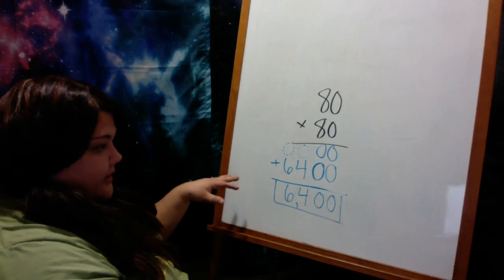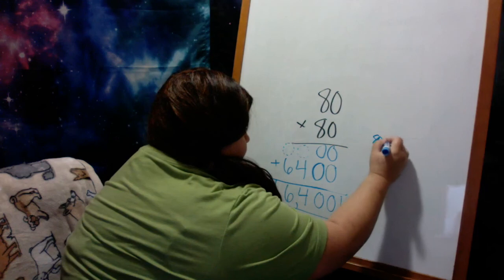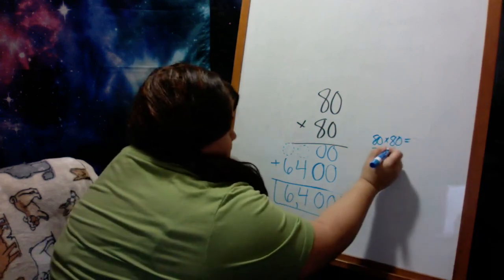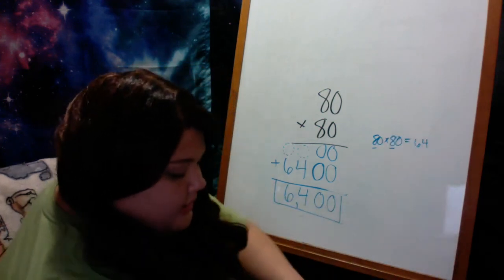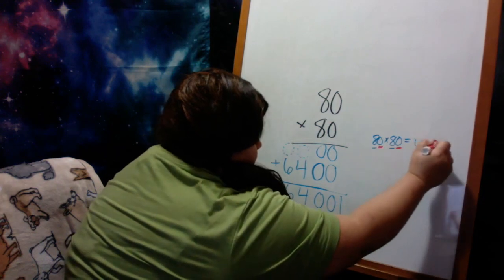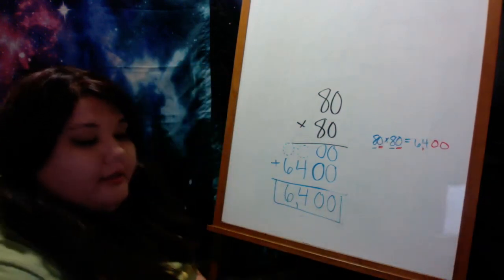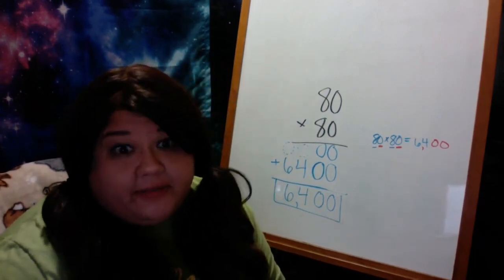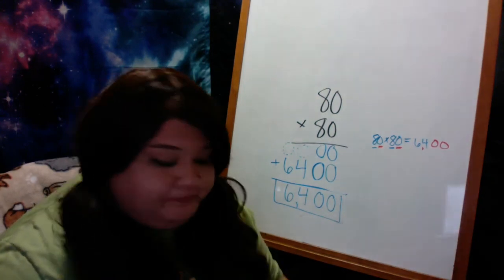Another way to look at this is when we did area model, and if we had big numbers, if you remember me telling you, 8 and 8 makes 64. And then how many zeros do you need to bring over? 2. So you have 6,400. Okay, so that one was letter G. Whenever you multiply by 0, anything times 0 is 0. So don't let the zeros confuse you.